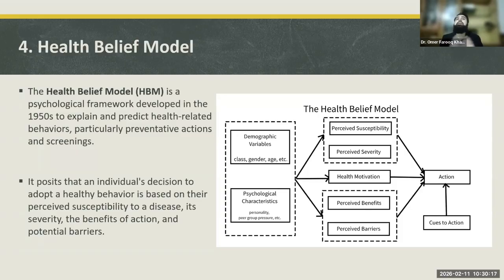Perceived barrier means that if they get sick, whether they will be treated ideally, whether they will be treated optimally or not. So all of these things combined give them a cue to action, that they should start taking care of this aspect, and then they act. And when they act, then the system of health belief model gets completed.